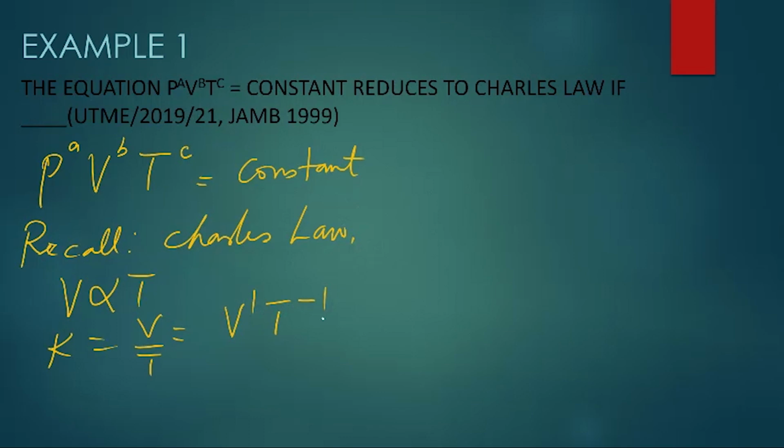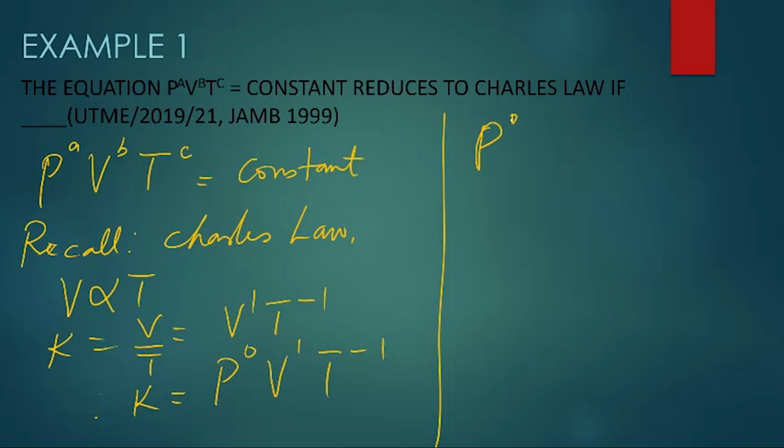minus 1. But there is no P here. And for that reason, we can add our invisible P, which is P to the power of 0, V1 T raised to the power of minus 1, considering the fact that any number to the power of 0 is 1, except the number is 0. So P raised to the power of 0 is 1. And at the end of the day, it still comes out to this principle. And for this reason, P^0 V^1 T^-1 will now be equals to V^b and T^c.